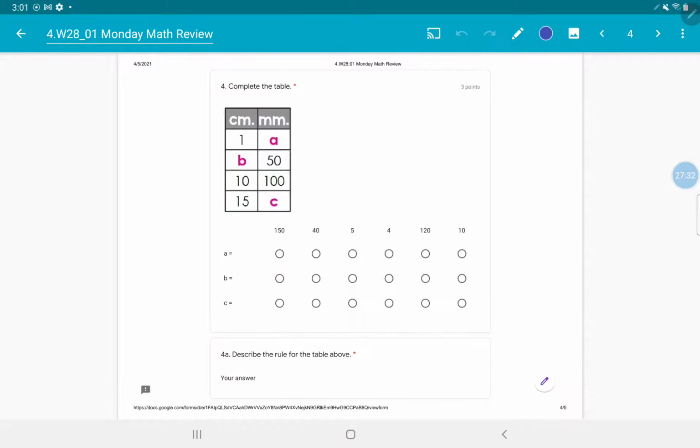All right, next you have an input, output, or function table. So if I make a function machine, what's going to be my rule? I know I have 10 in. If I put in a 10, I would get out 100. So what's my rule going to be? How do I get here? You're adding another 0, which would be multiplying by 10.